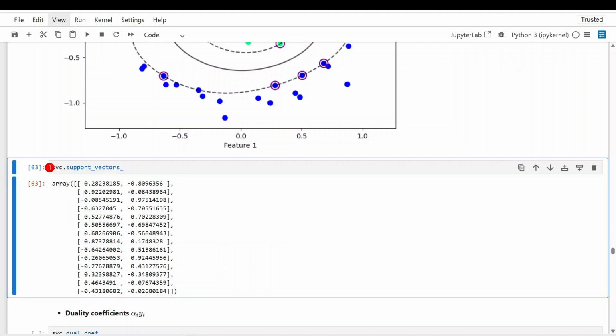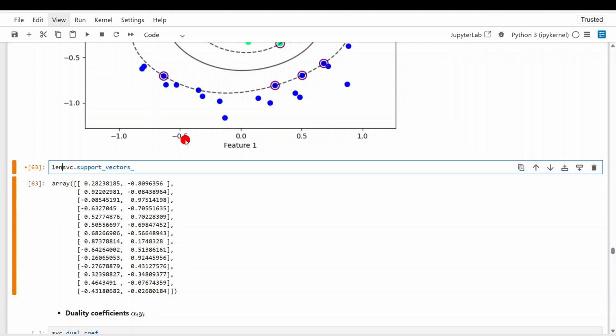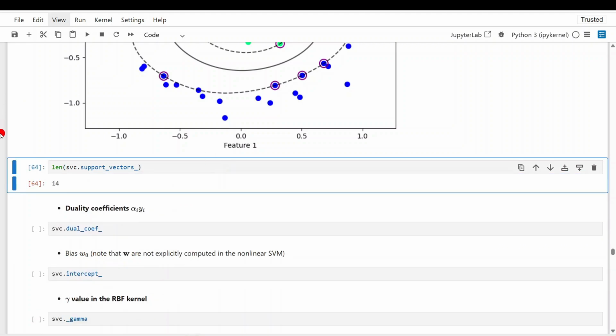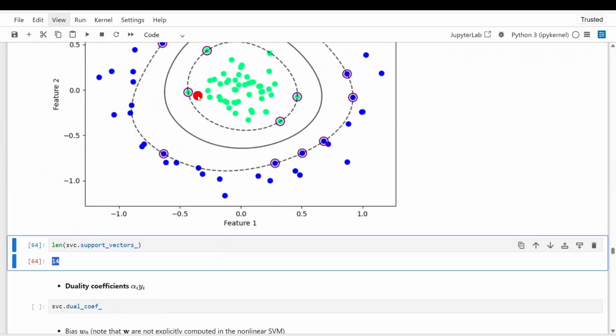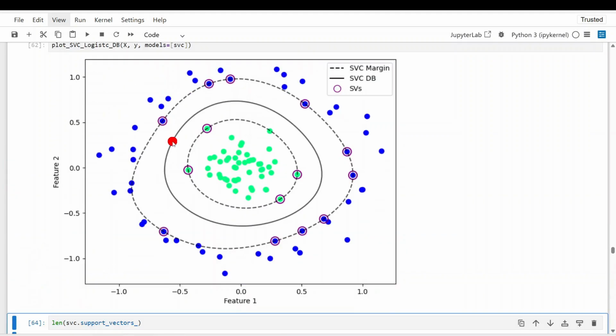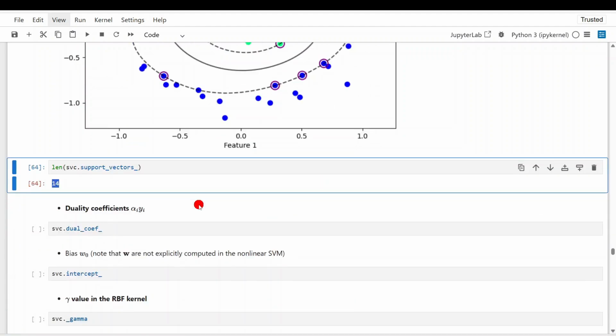Here we have the support vectors, but I'm interested in the length, not the values, so I call the length function: 14. There are 14 support vectors that determine this decision boundary. And again, the model's accuracy is 100% because it is able to differentiate the two classes with no misclassification error.